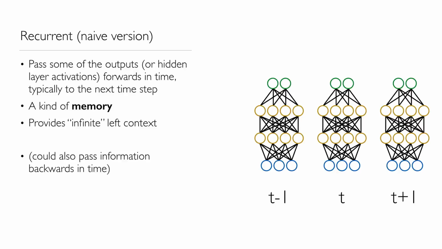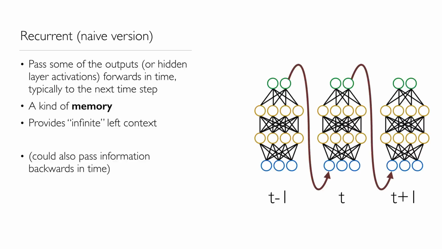One way to consider the contextual information is to use the recurrent network. In the recurrent network, the output of the previous time step or some hidden activation will be sent to the next time step as the input or passed to some hidden layer to do the regression.